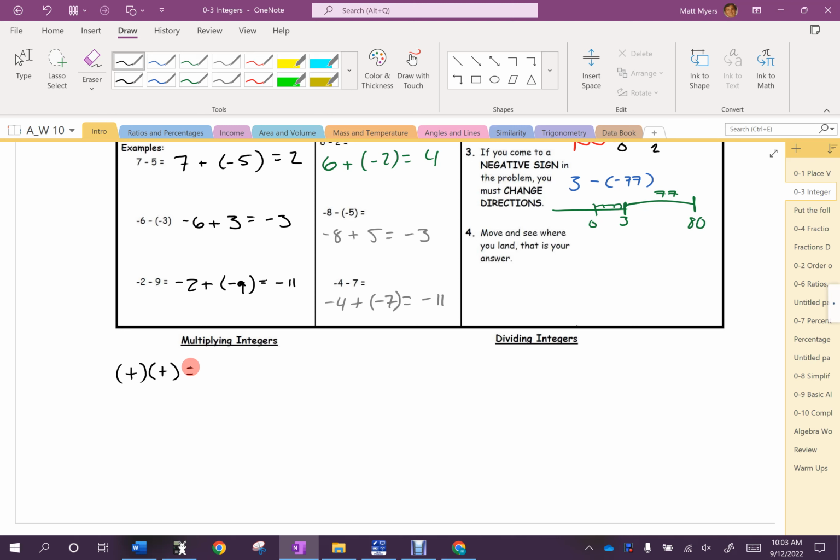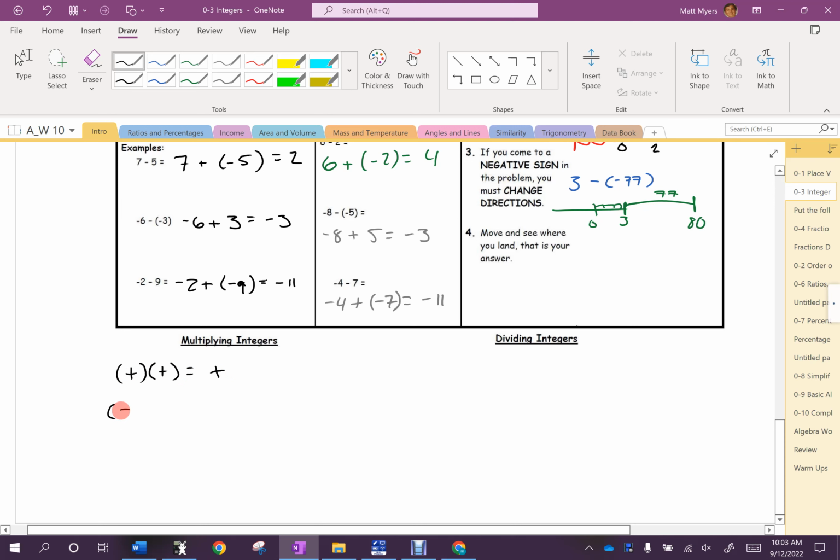It's positive 6. So, if something happens once in math, how often does it happen? Every time, because math doesn't screw with you. So, positive times a positive is a positive. They're the same sign, so we get a positive.